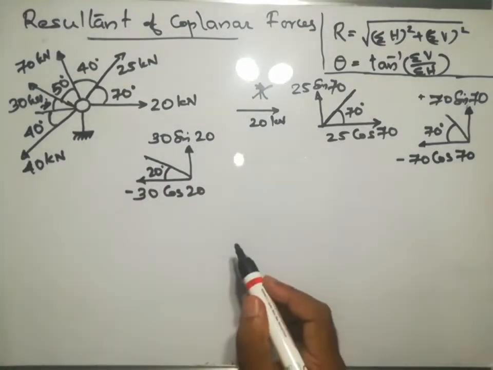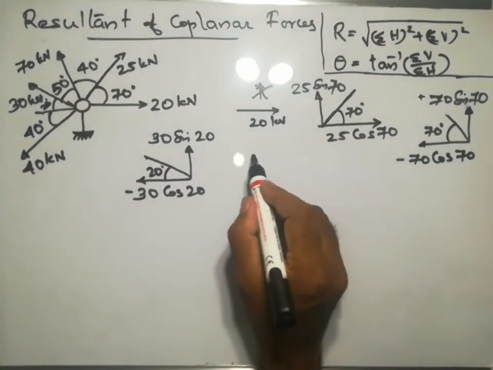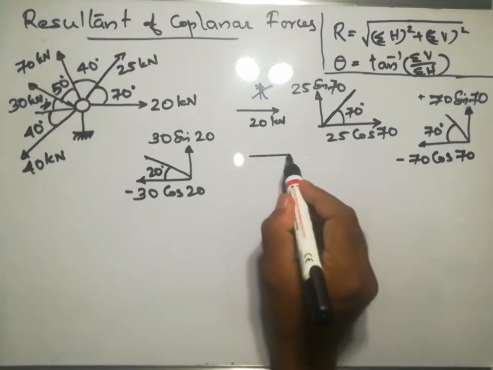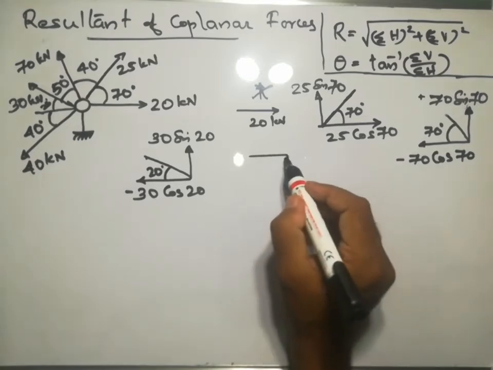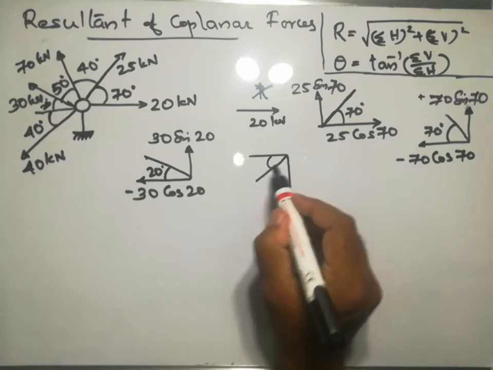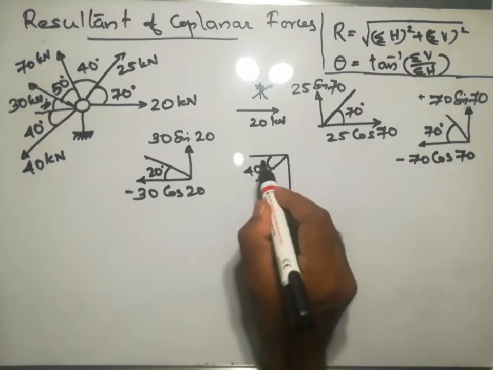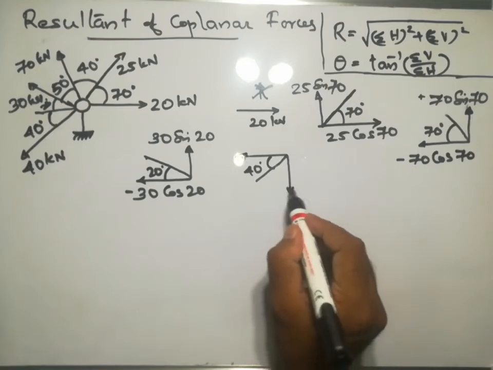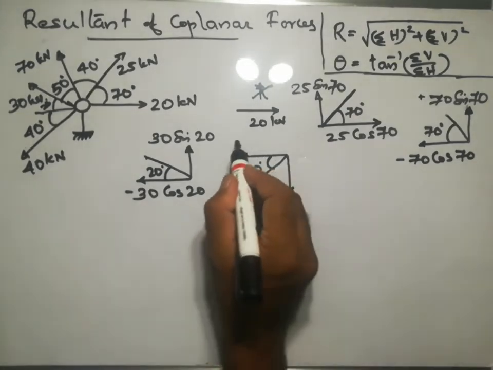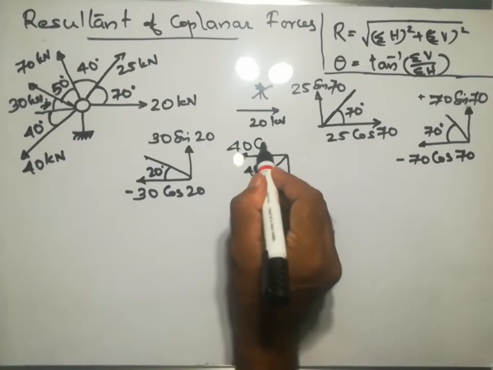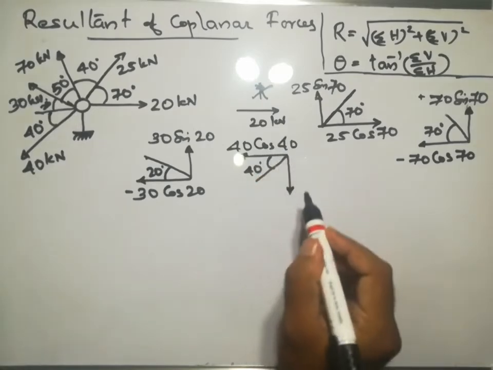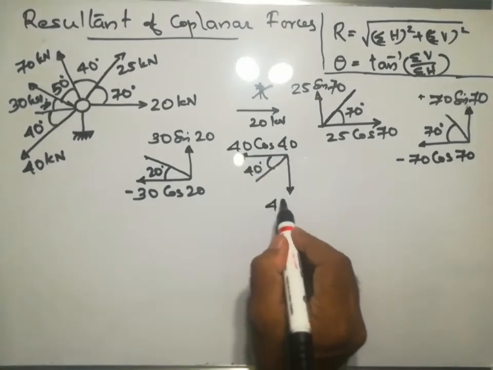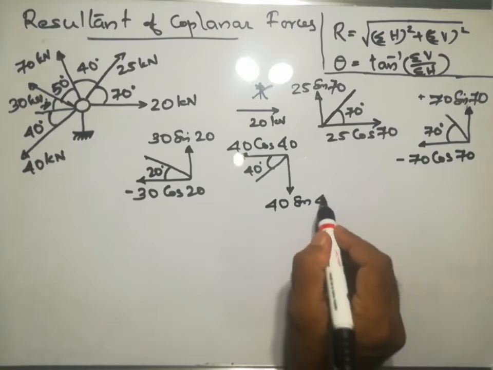And the last force, 40 kilonewton, is acting like this, and its components are: this is 40 degrees with the horizontal, therefore this is the horizontal component and this is the vertical component. The horizontal component will be 40 cos 40, and the vertical component will be 40 sine 40.